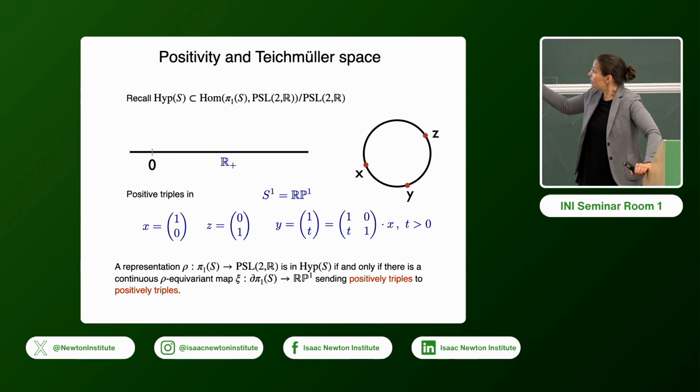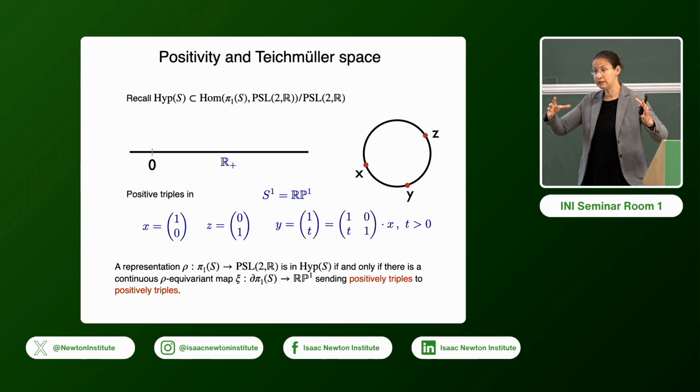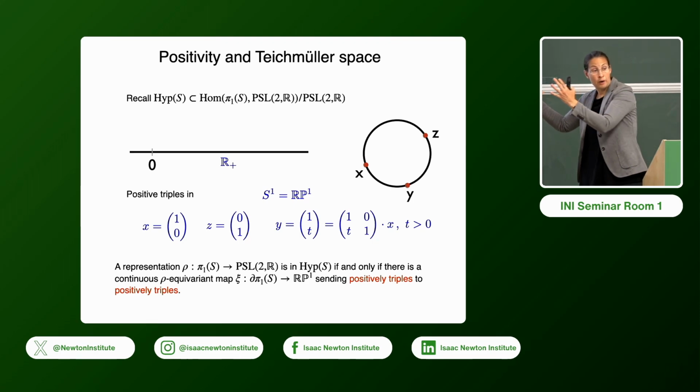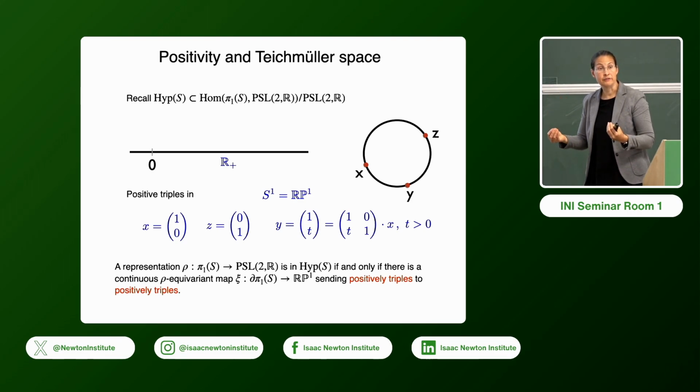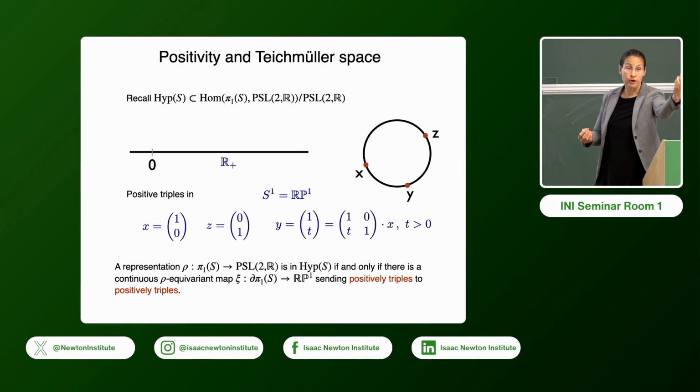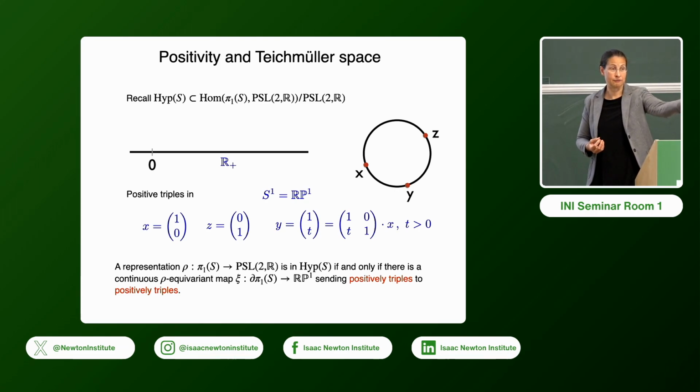So a representation is the holonomy of a hyperbolic structure on the surface if and only if I can find, I don't even need it to be continuous, I wrote continuous here, but if I can find a rho-equivariant map of the boundary of the surface into RP1, so the boundary of the hyperbolic plane, which preserves positivity in the sense that if you pick a positive triple on the boundary of the surface, which you can identify with S1, and you look at the 3 lines you get in RP1, they are positive as well.